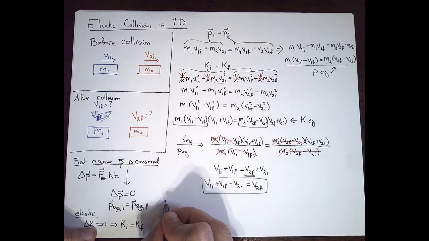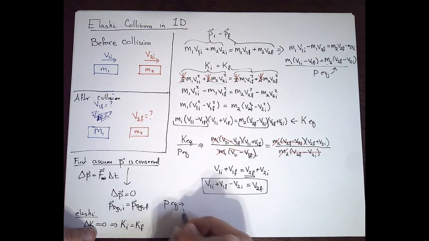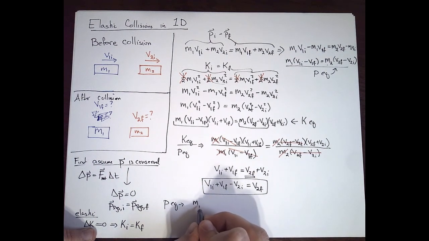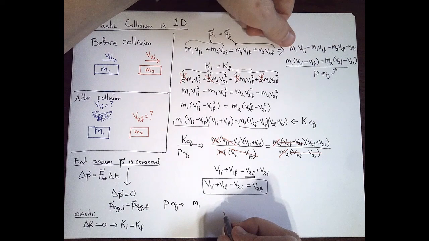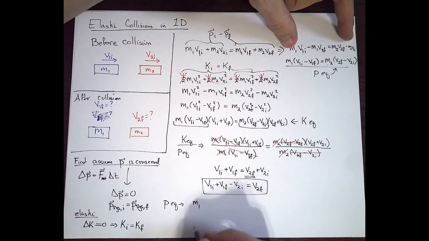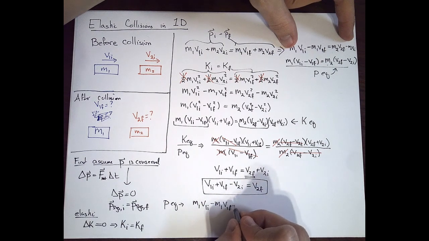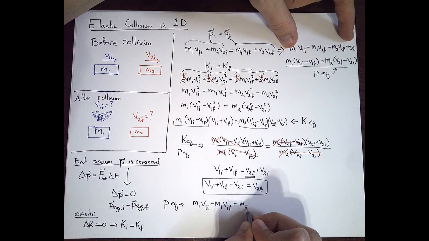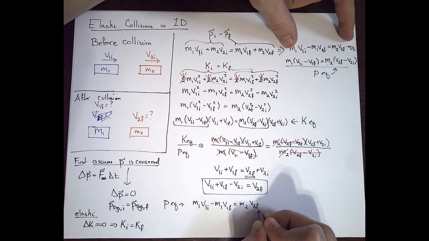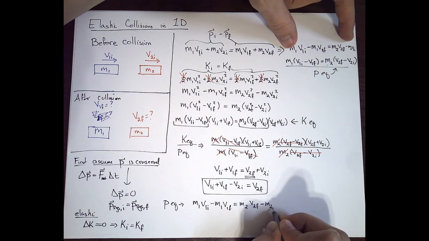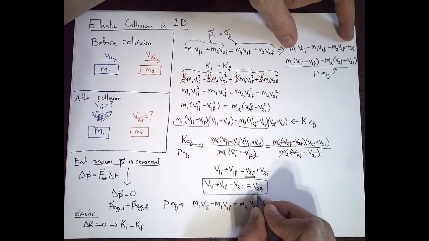Let me rewrite my momentum equation. M1, and I think I'll go back and rewrite this chunk here. M1 V1 initial minus M1 V1 final equals M2 V2 final minus M2 V2 initial.